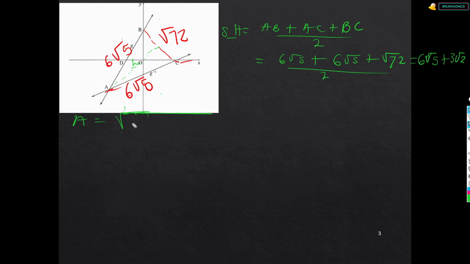I'm just going to multiply everything by SH, and then make sure that SH minus, I'm going to start with AB, and then SH minus AC. Let me just roll back twice, and then the other one will be the same, SH minus BC.